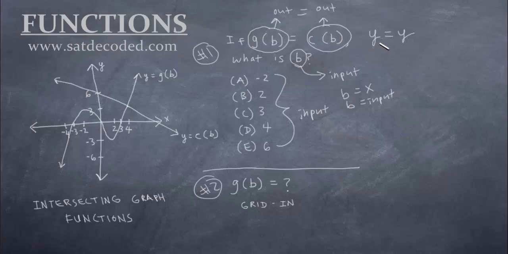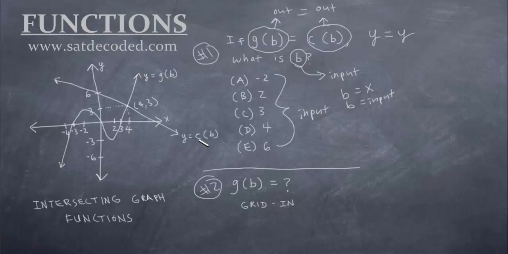So if we take a look at this y equals y, we can understand that for both functions, the y is going to be the same. So the point of intersection right here, it looks like it's 4, 3 as the ordered pair. It looks like that point of intersection shows us the place where the y values are exactly the same.